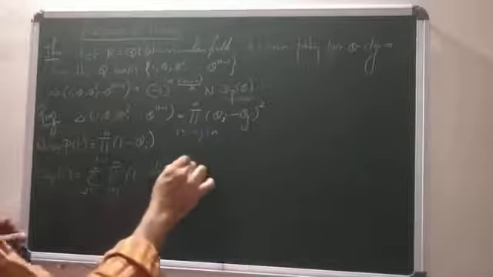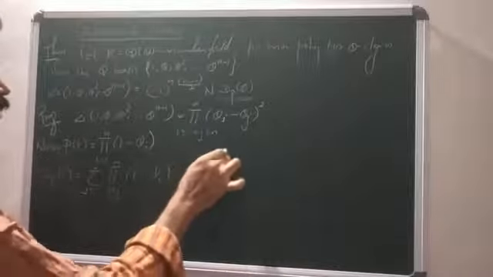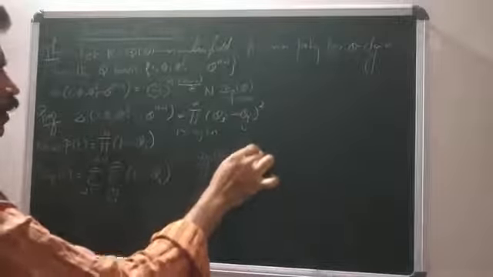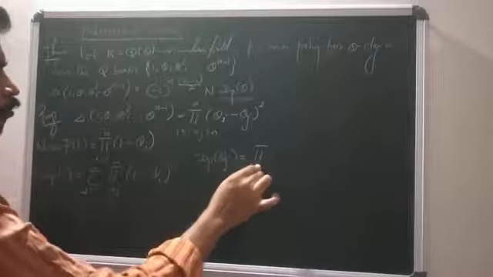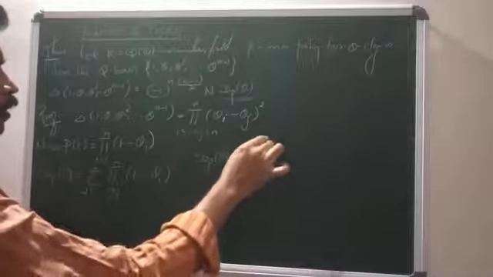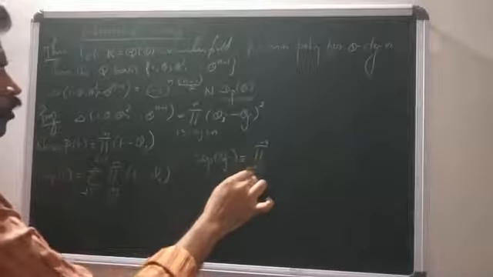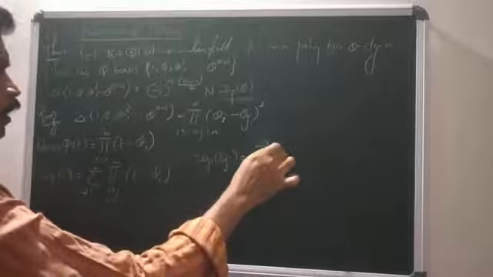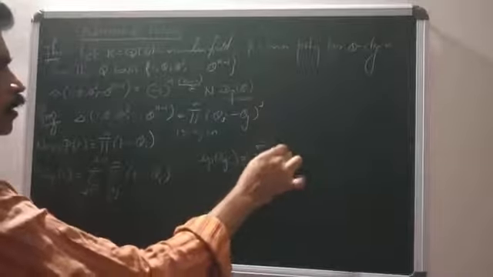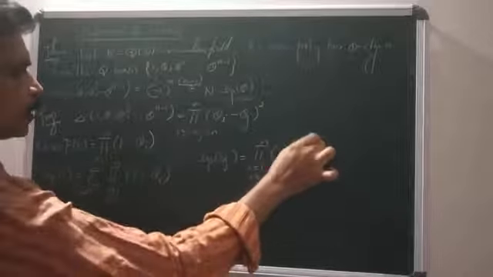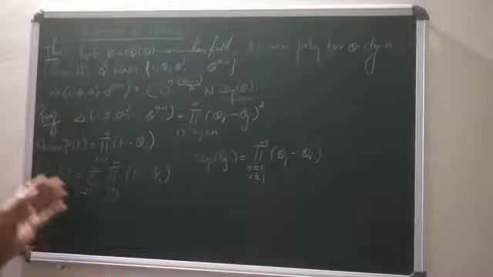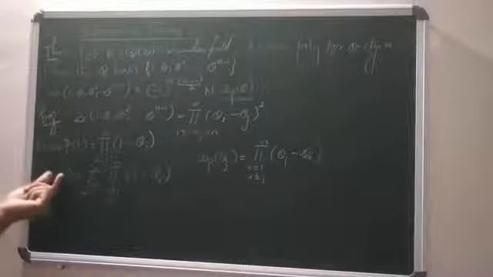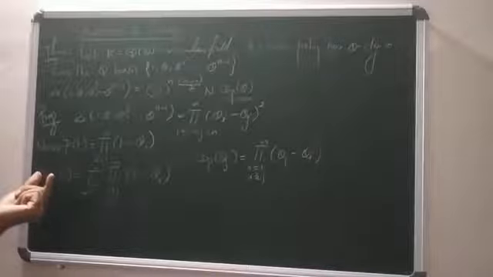So what is dp(theta_j)? Here dp(theta_j) is simply the product over i from 1 to n with i differing from j of (theta_j minus theta_i). Don't replace t with theta_j directly; that is not the method.